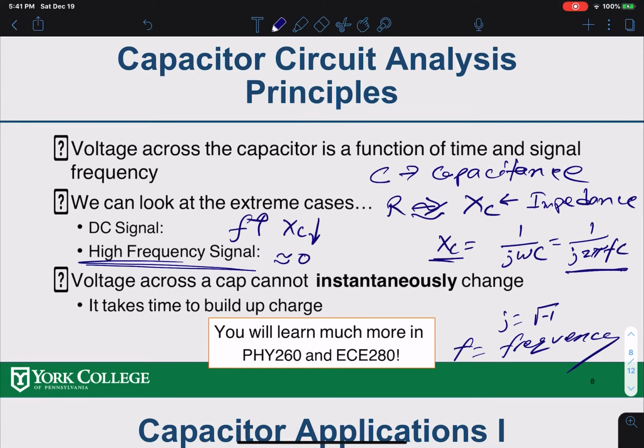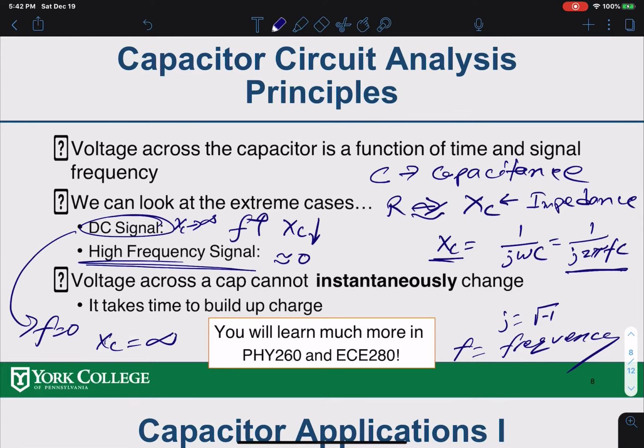And for a DC signal, your f is 0. So if f is 0, then X_C goes to infinity, right? That means it's almost an open circuit.